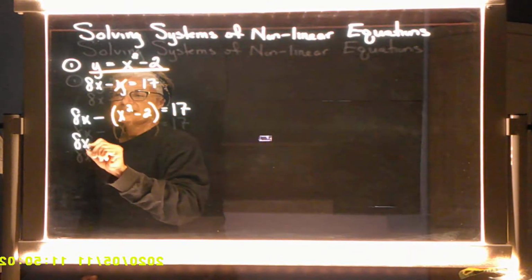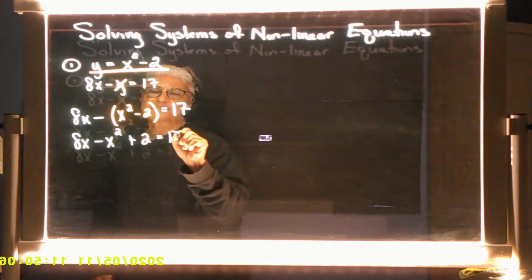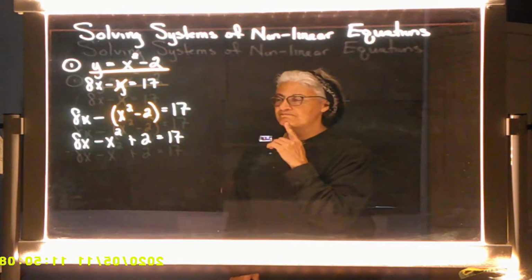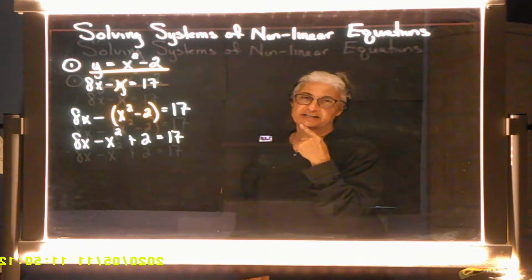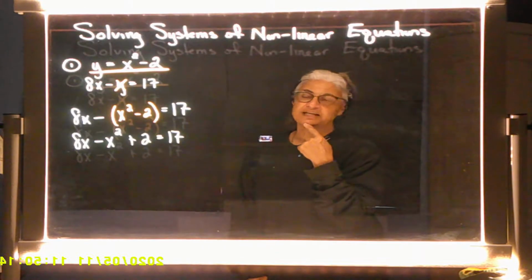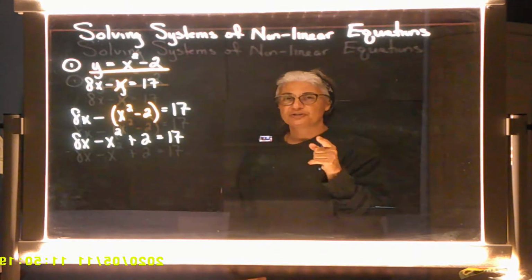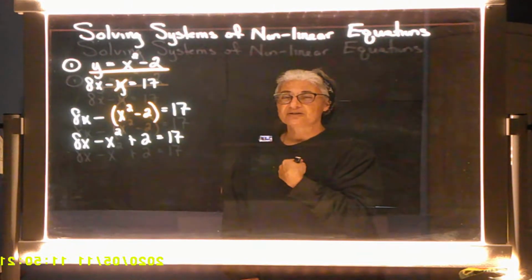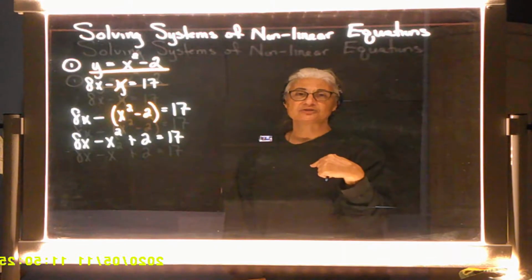I see 8x minus x squared plus 2 equaling 17. Do you notice that x squared? Yeah, that tells me you're going to have to do what to solve that? Yeah, you're going to have to factor it to solve. Now, I don't know about you, but when I've got an x squared, I want it positive because that's going to be, for me, easier to solve.